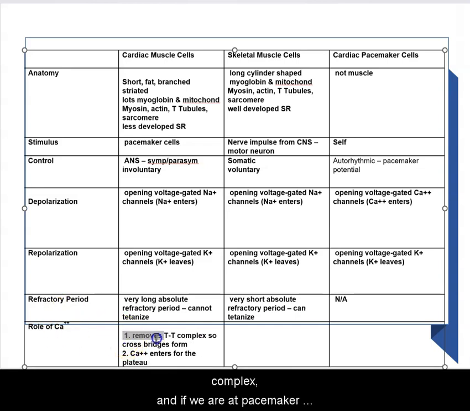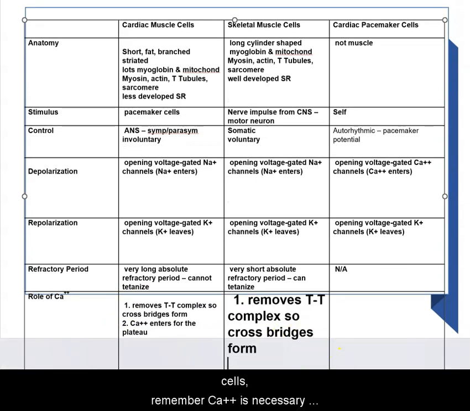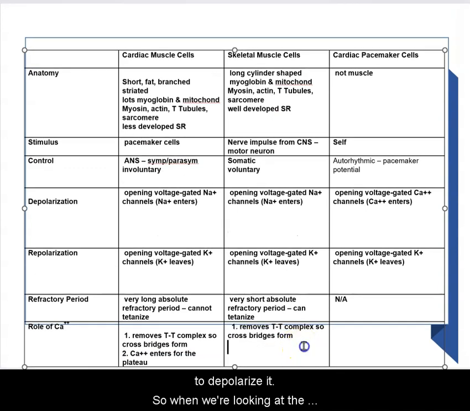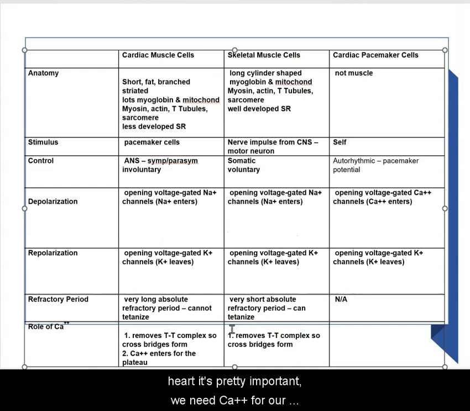Skeletal muscle does not have a plateau stage, so we are just looking at it being able to move the TT complex. And if we are at pacemaker cells, remember calcium is necessary to depolarize it.